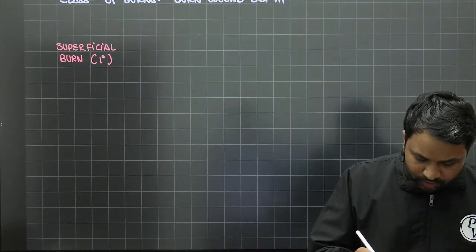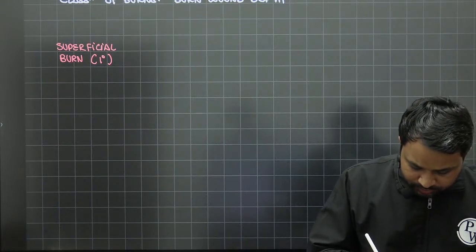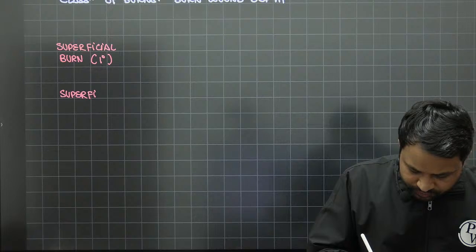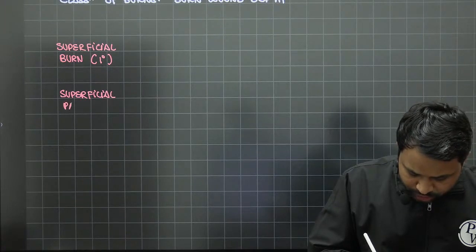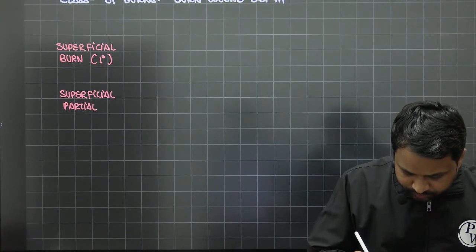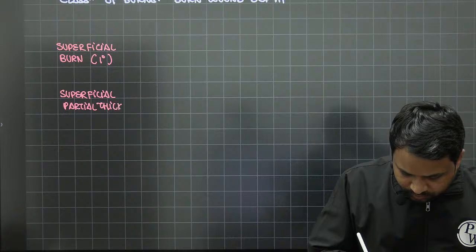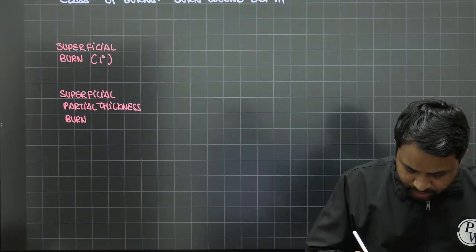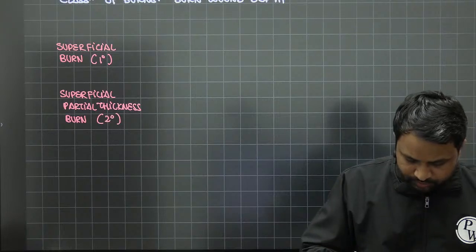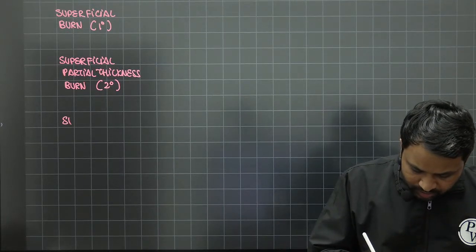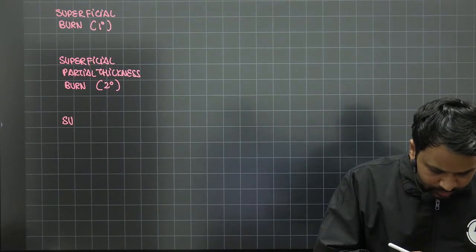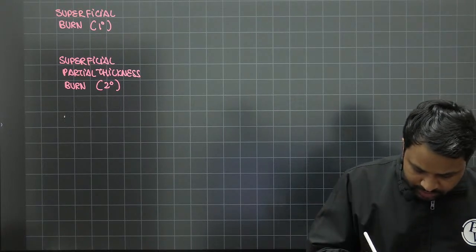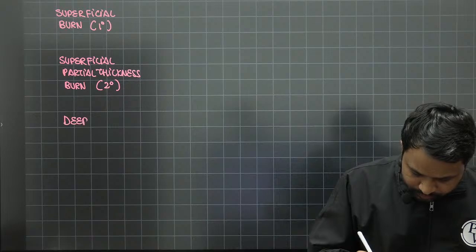Then you have superficial partial thickness burn, which is what we call a second degree burn, right? Then you have the deep partial thickness burn.